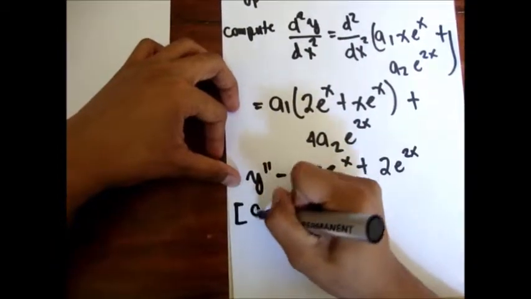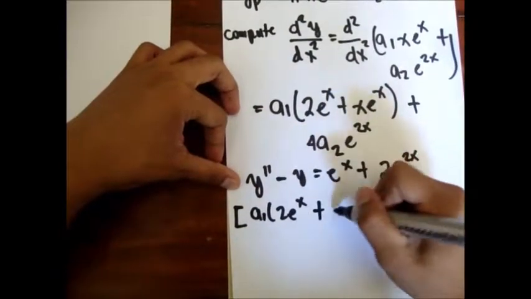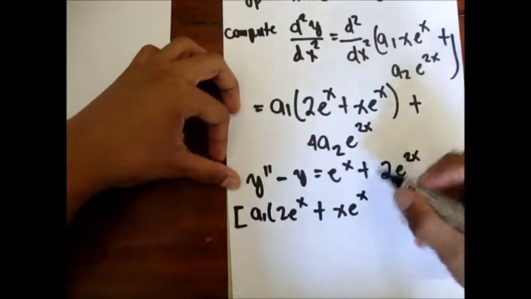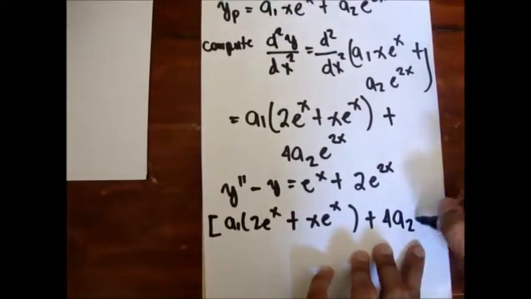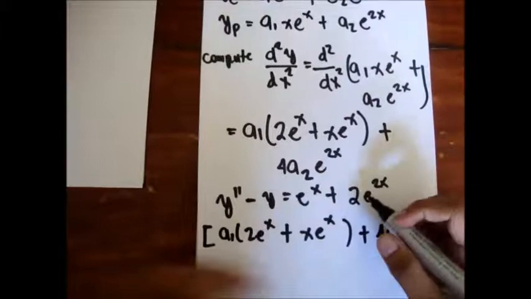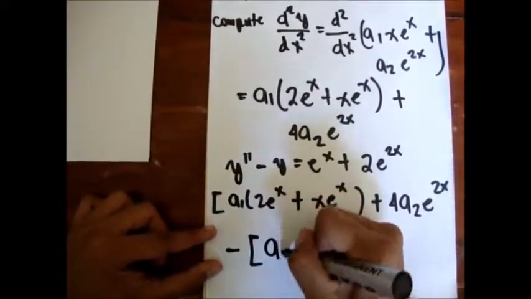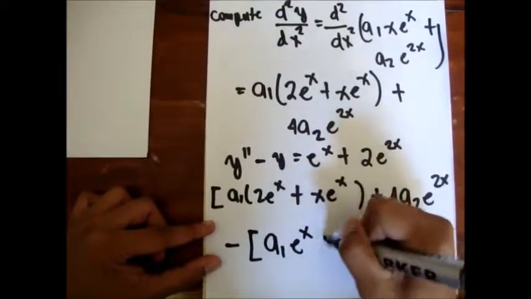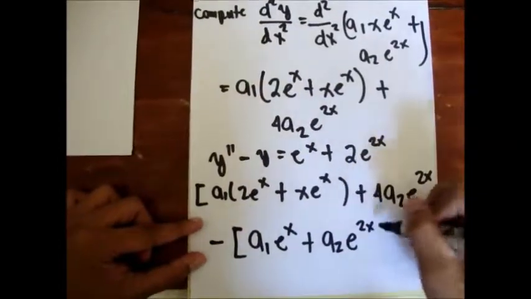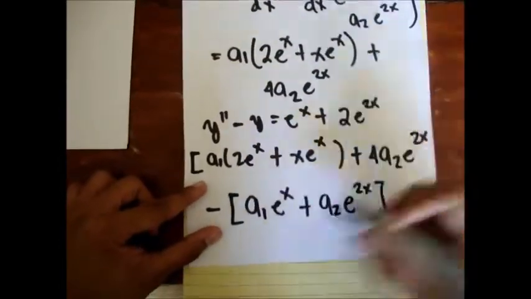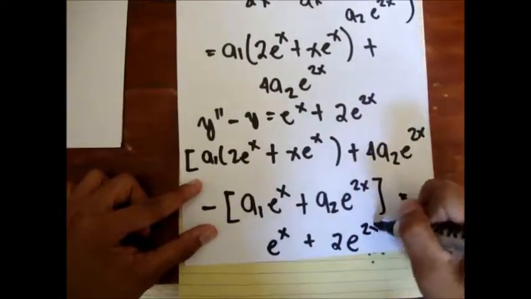So a1 quantity 2e raised to x plus x e raised to x, plus 4a2 e raised to 2x, minus quantity a1 x e raised to x plus a2 e raised to 2x, equals e raised to x plus 2e raised to 2x.